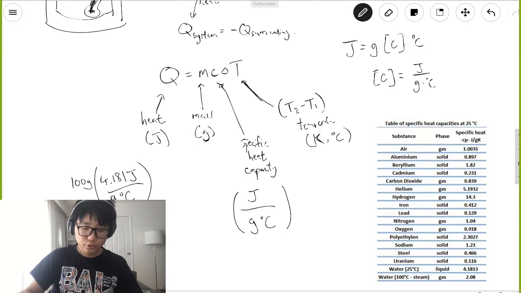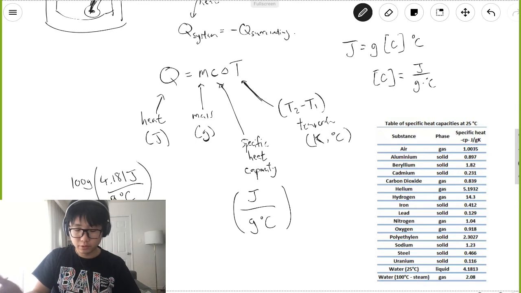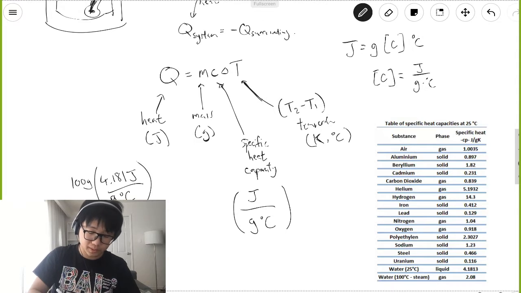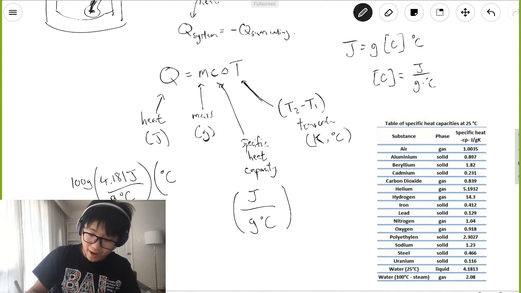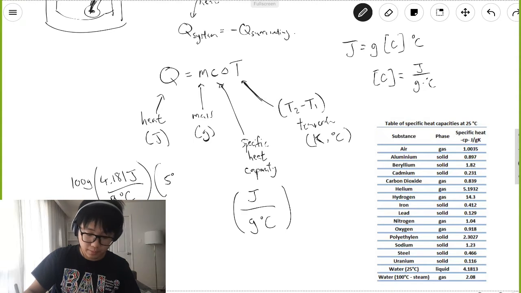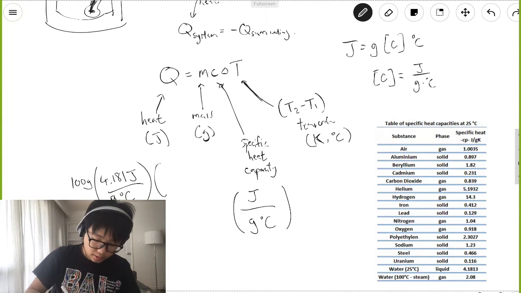So 100 grams of water, 100 mL, that's not hard to imagine. We have 4.181 as specific heat capacity. We also measured that the change in temperature is positive 5 degrees. Maybe I should write the whole thing down: 30 degrees minus 25 degrees.